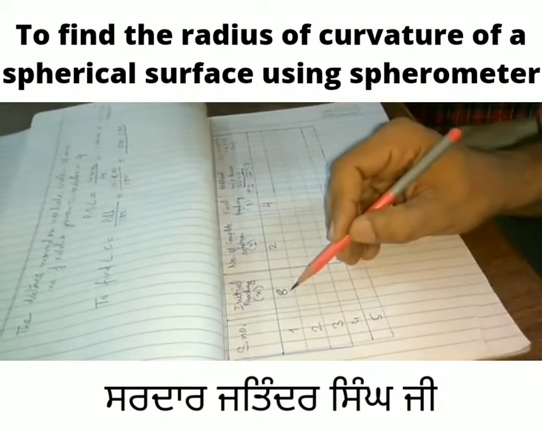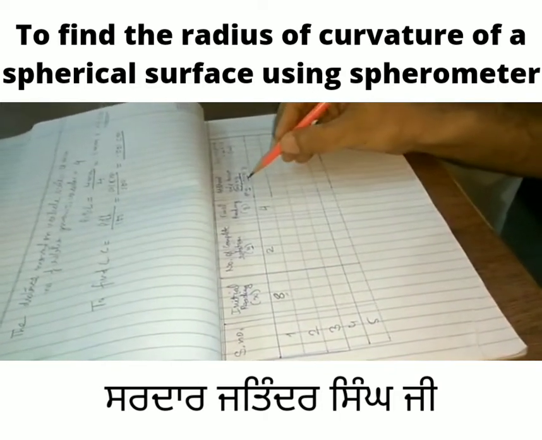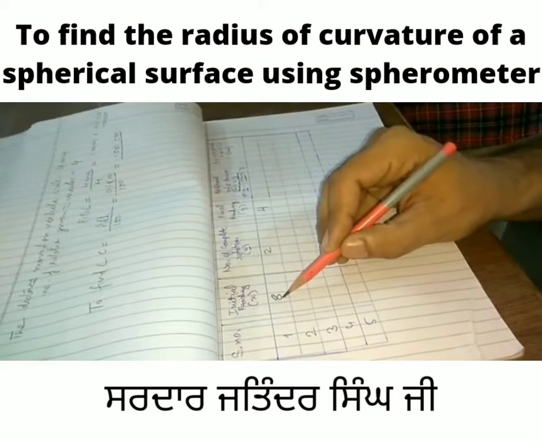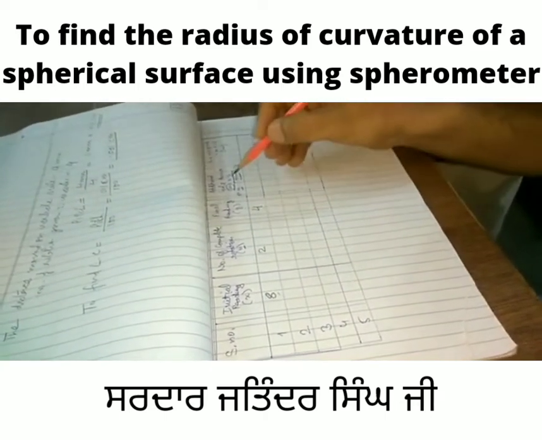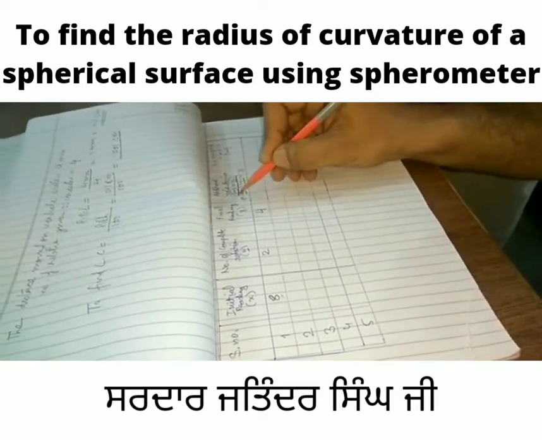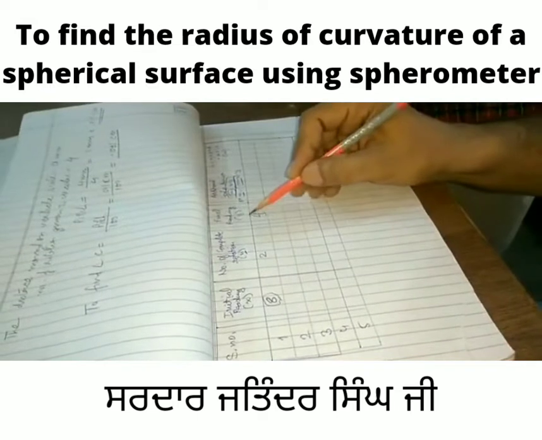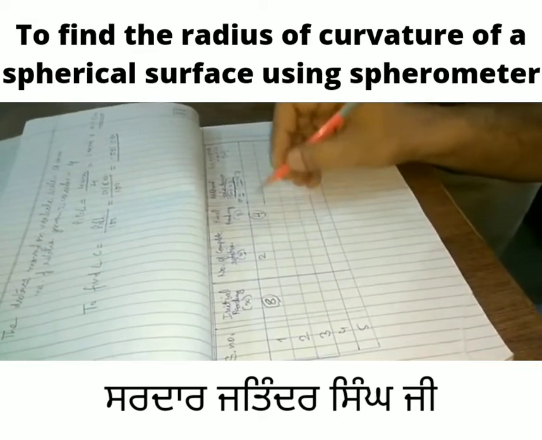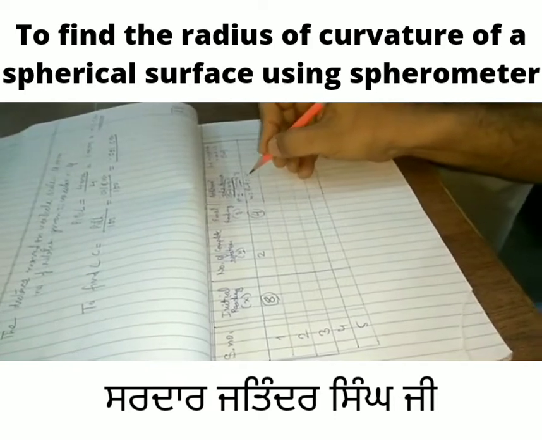So if x was less than 4, we would have to add 100 to this reading and subtract the final reading. Now we are using the x minus y formula because our first reading is greater than the final reading. So it is 8 minus 4. So m is equal to 8 minus 4, which is 4.